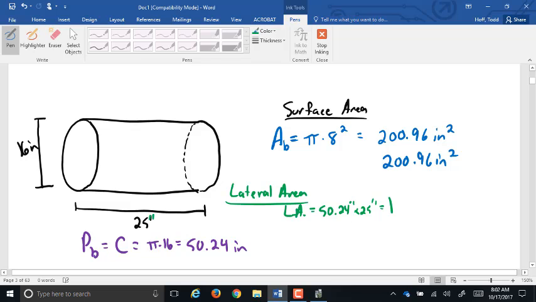Okay, let's change that to inches. Does that make it easier? Okay, so what do we get there then? 256. So we add that up, we have 1,657.92. Does that look right?